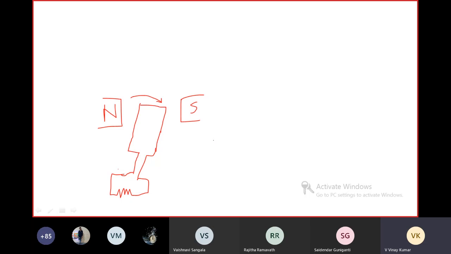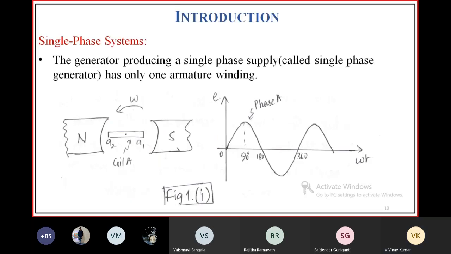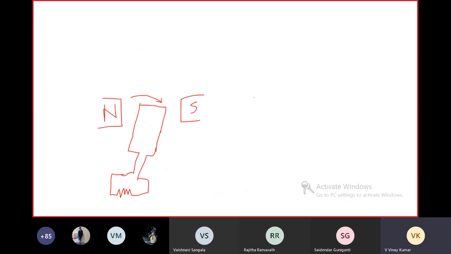One more thing. Armature winding means here this is one coil. Actually, this is one conductor. This is another conductor. Two conductors will constitute one coil. This is one coil, this is another coil.